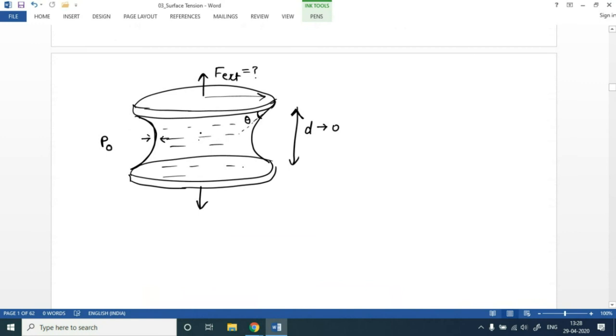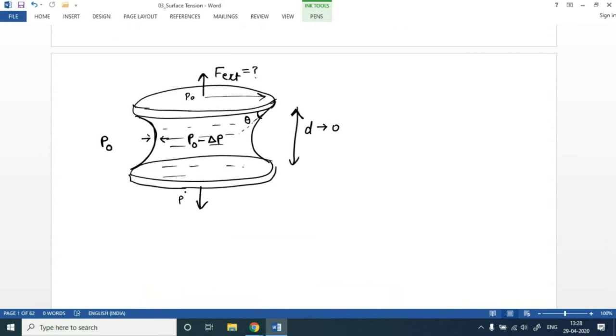The pressure inside the liquid would be less than the atmospheric pressure, that is P naught minus delta P. So the pressure inside the liquid is smaller than the pressure outside, P naught. From both sides, the atmosphere will be pushing the disks towards each other.